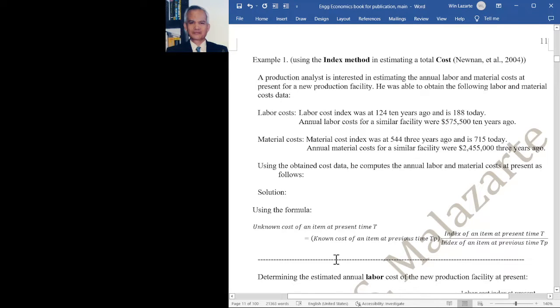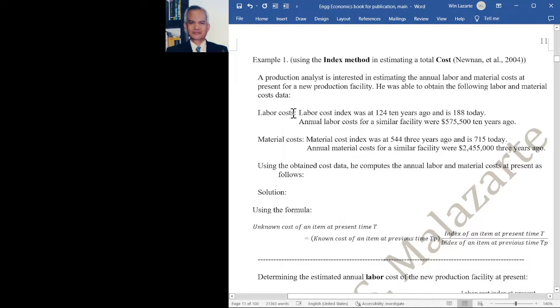This is the problem. A production analyst is interested in estimating the annual labor and material costs at present for a new production facility. He was able to obtain the following labor and material costs data.